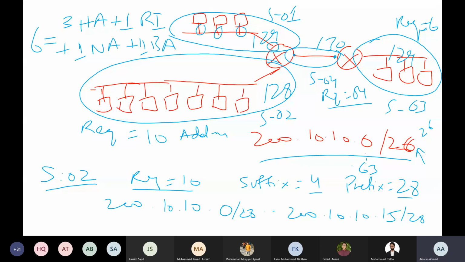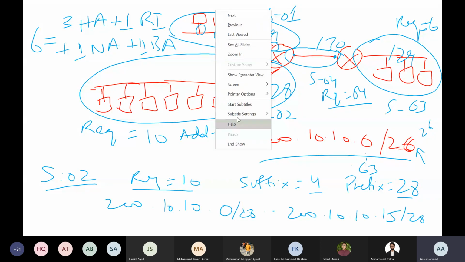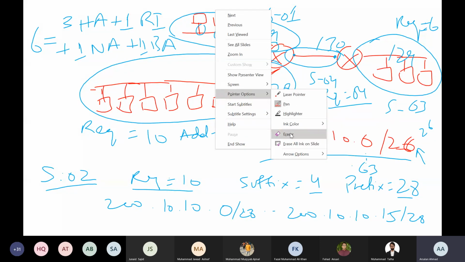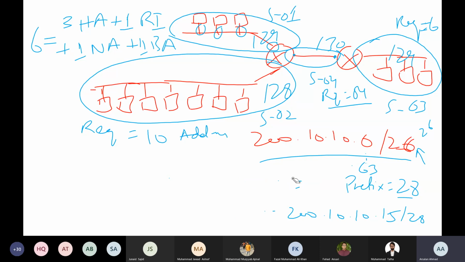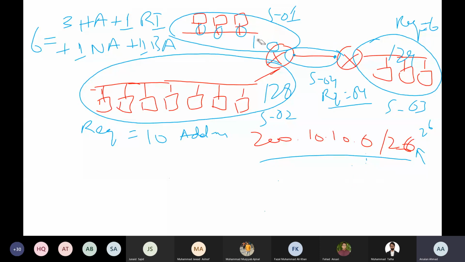Okay, now let's forget about the golden rule and let's try to make a mistake. If I say that instead of following the rule, what would have happened? Most of you would have already understood why we want to start from the largest requirement. So let's say I don't solve it this way.